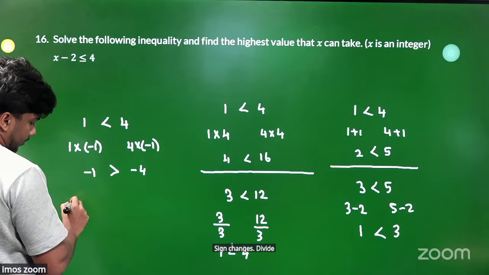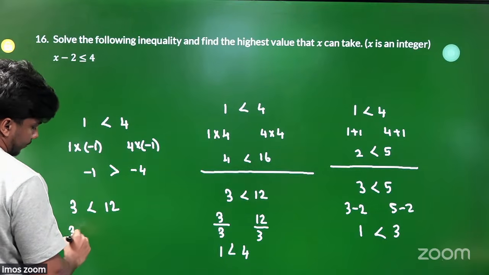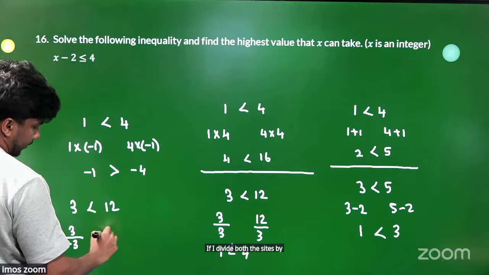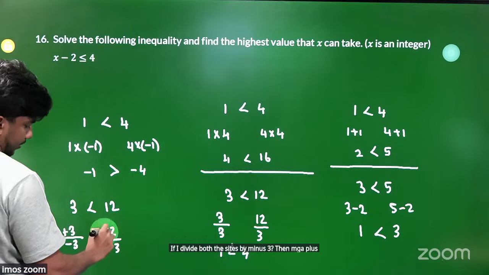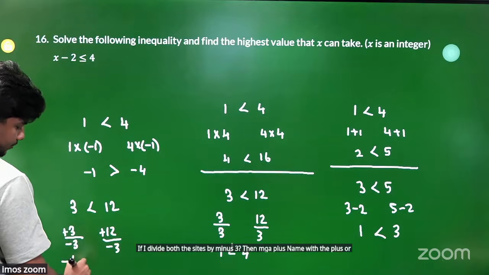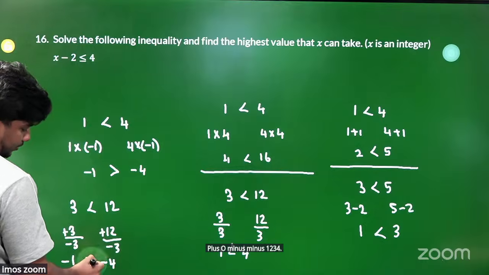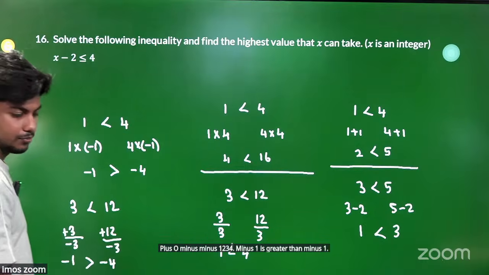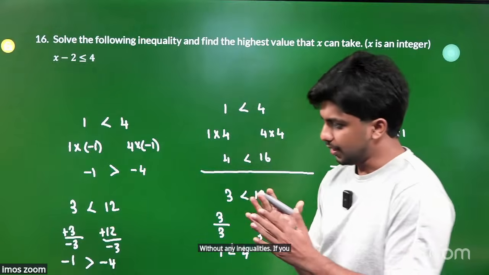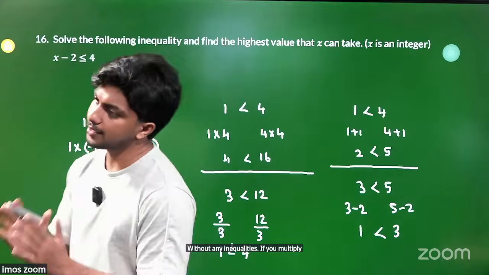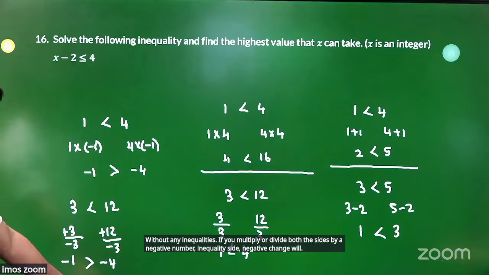Division is the same. Now look, if I divide both sides by -3, -3 over 1, -12 over 3, that is -1 and -4. -1 is greater than -4. Son, in inequalities, only if you multiply or divide both sides by a negative number does the inequality sign change. So you can understand, right?